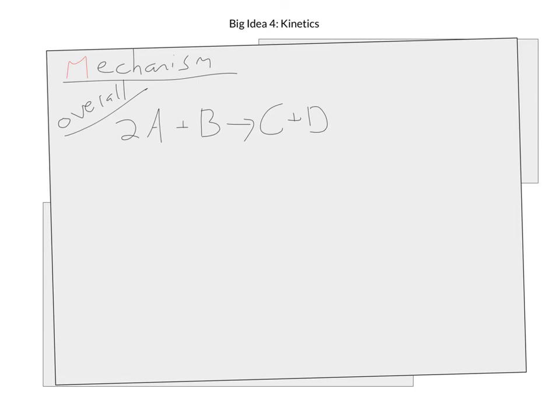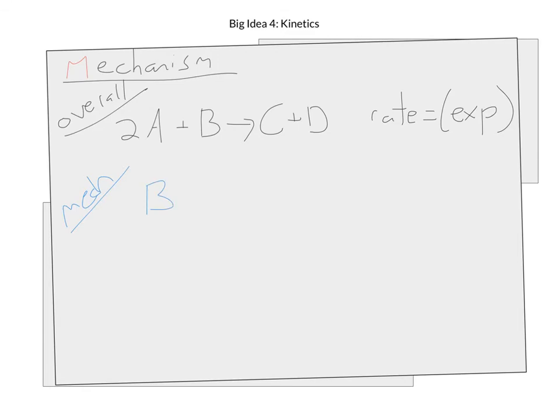So we get a rate law, and it has to be determined experimentally. We just need data. There's no way to know what the rate law is. Mechanisms, on the other hand, are just kind of guesswork.